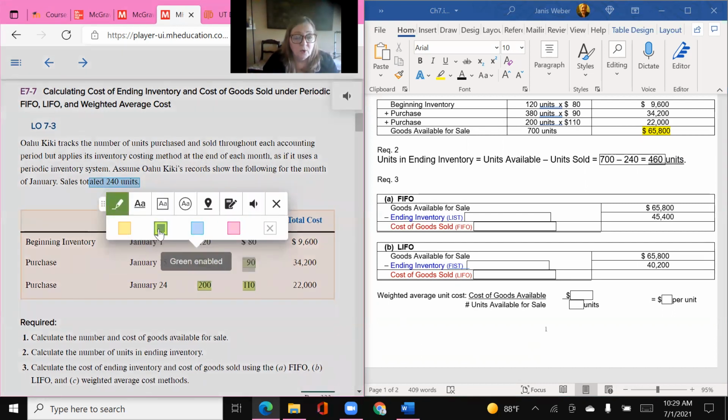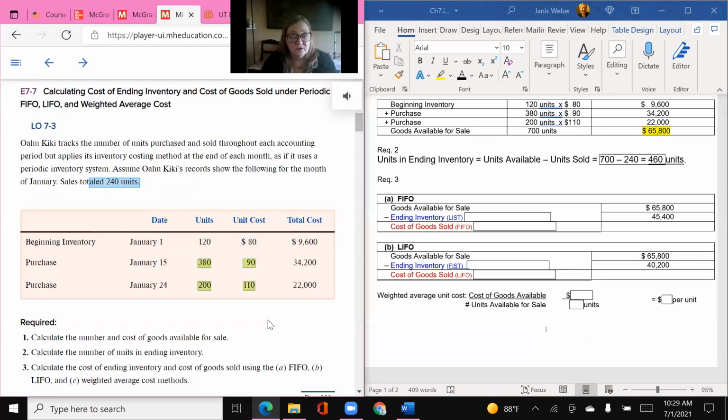That's because what we're doing here is selling the earliest ones. First in, first out means you cost out the earliest units that you had, the beginning inventory and then the first purchase. So the part that's left, 200 units at 110.